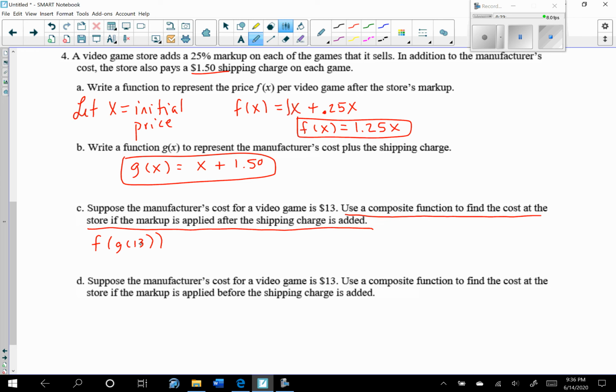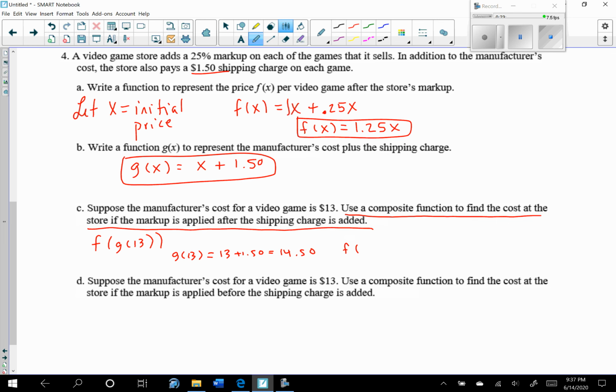So for this, that composition would have to be f of g of 13, because it says the markup is applied after the shipping charge is added. So this would be g of x first, because that is when we did the shipping charge. So to evaluate this, this would be g of 13. So g of 13 would be 13 plus $1.50, which is going to give us $14.50. And then we take that answer and plug it into f.